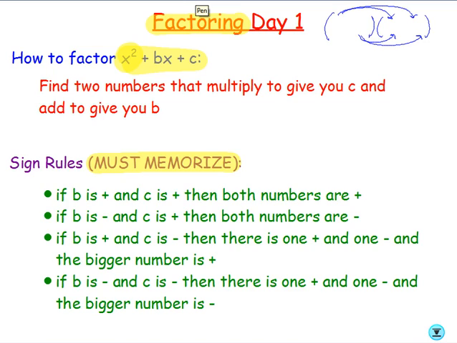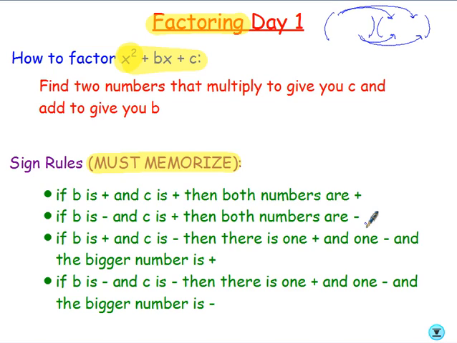If both b is positive and c is positive, then the two numbers that you're trying to find are also both positive. If b is negative and c is positive, then both numbers you are trying to find are going to be negative.